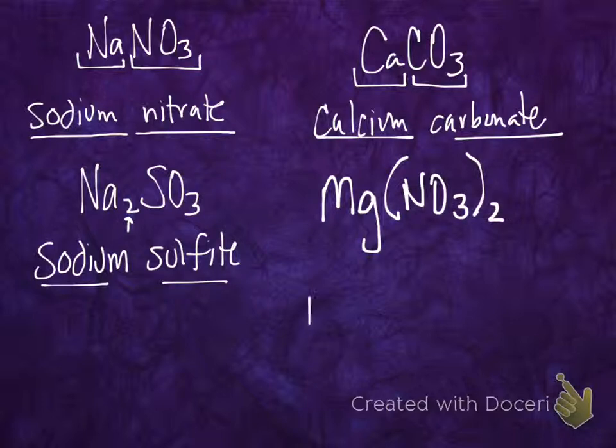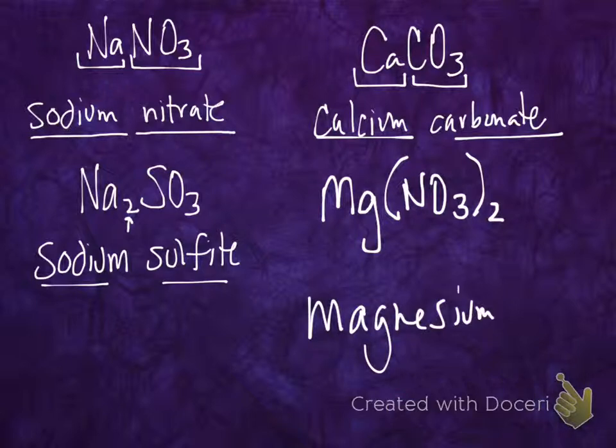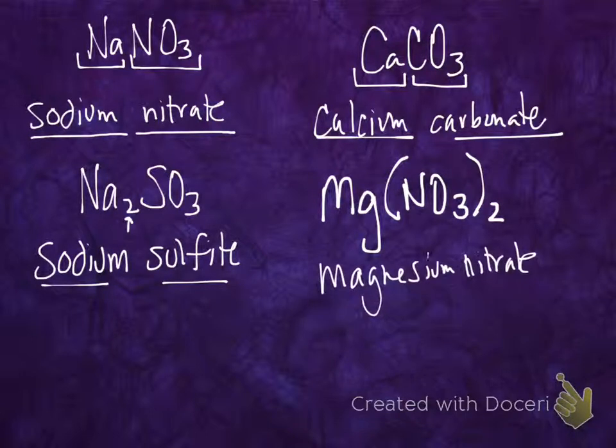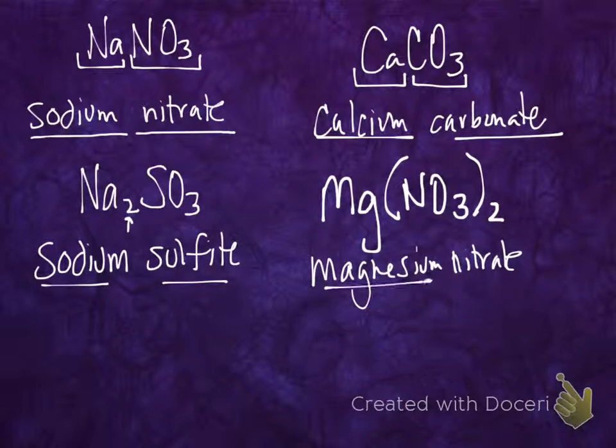Are you all saying that this is magnesium nitrate? Excellent. That's what it is. It's magnesium nitrate. This is an ionic compound. The fact that there's a little 2 here doesn't get reflected in the name. That's just showing the ratio of nitrate ions that are needed to balance the charges for every magnesium ion.